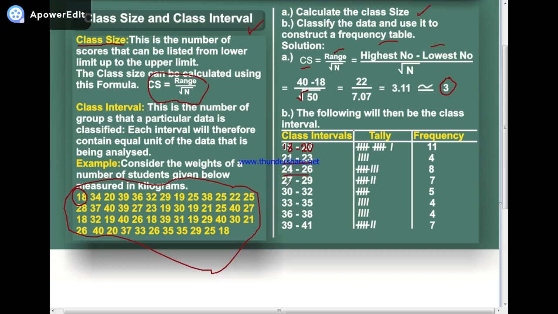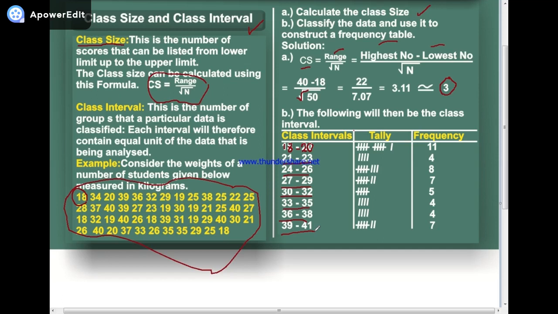Start from the next number, which is 27: 27, 28, 29. So that is 27 to 29. Start from 30 again: 30, 31, 32. That is 30 to 32. And also 33 to 35, 36 to 38, and 39 to 41. So that is how we arrive at our class interval. You can see that it is very simple.